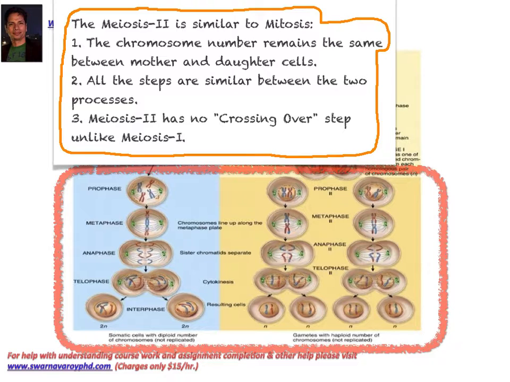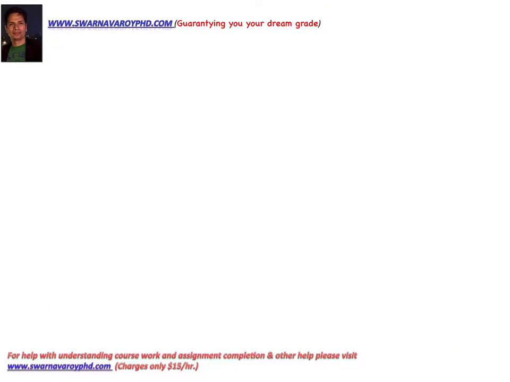The first point, the chromosome number remains the same between the mother and the daughter cells. Number 2, all the steps are similar between the two processes, and in meiosis 2, no crossing over step occurs, unlike meiosis 1. Now we will discuss crossing over and the significance of crossing over in the following slides.